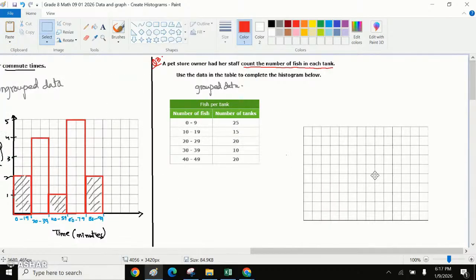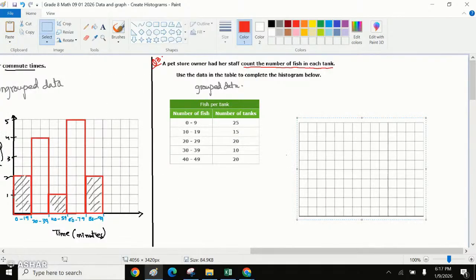So if we have a grid over here, on the x-axis we know that it would be the range, right? And the range over here is defined by the number of fish. Agreed? So on the x-axis we have the number of fish.